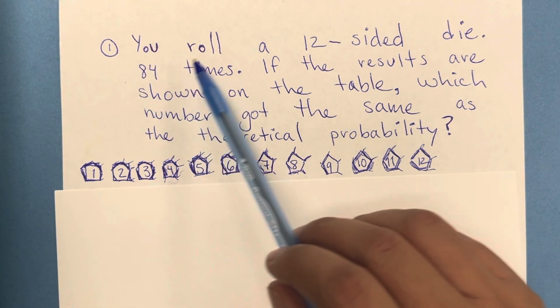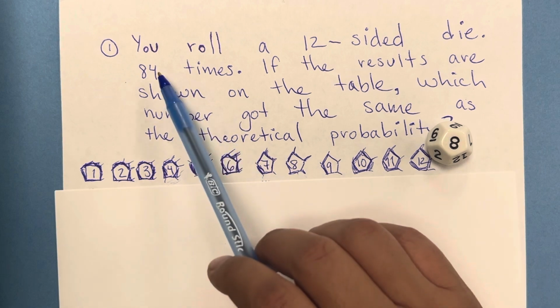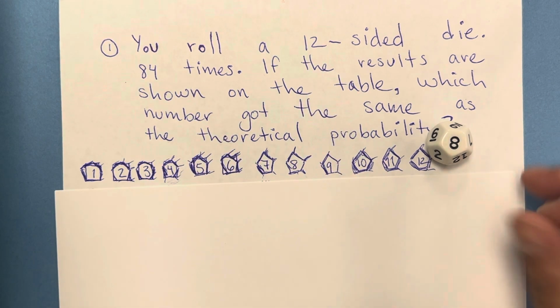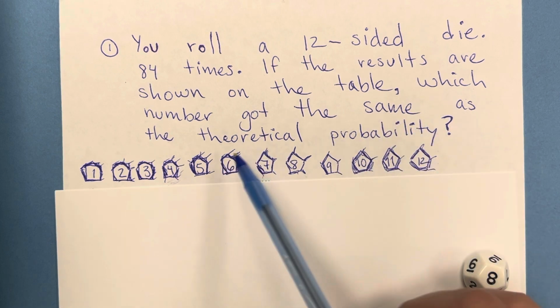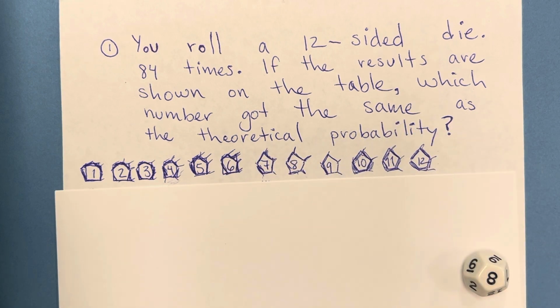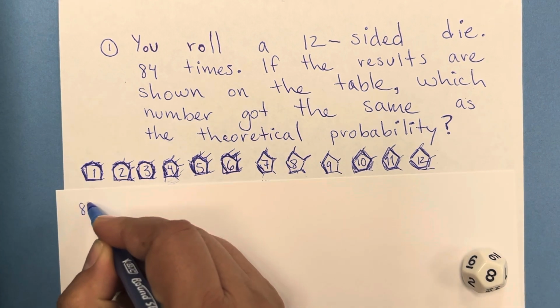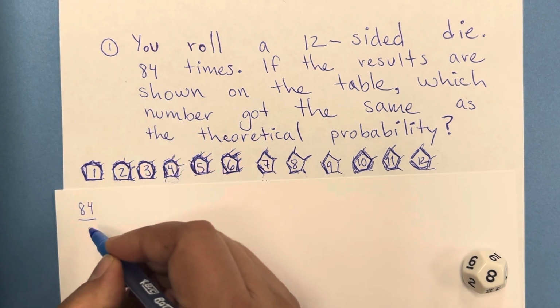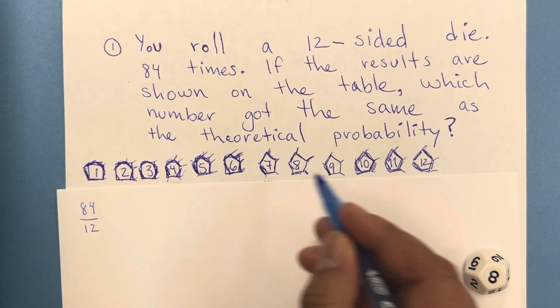Number 1, you roll a 12-sided die, this one right here, 80 times. If the results are shown on the table, which number got the same as the theoretical probability? Well, theoretical probability means that I would divide 84, the number of trials, by the number of faces.